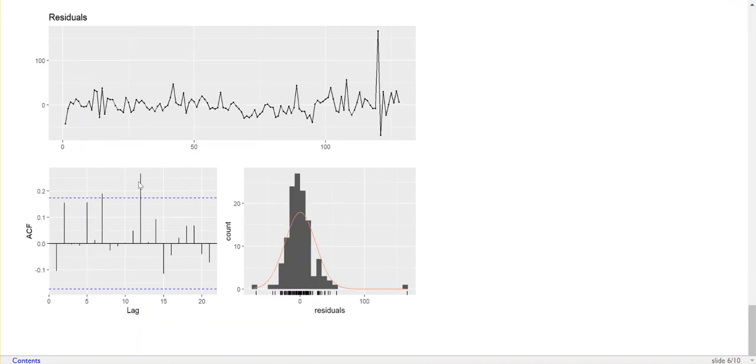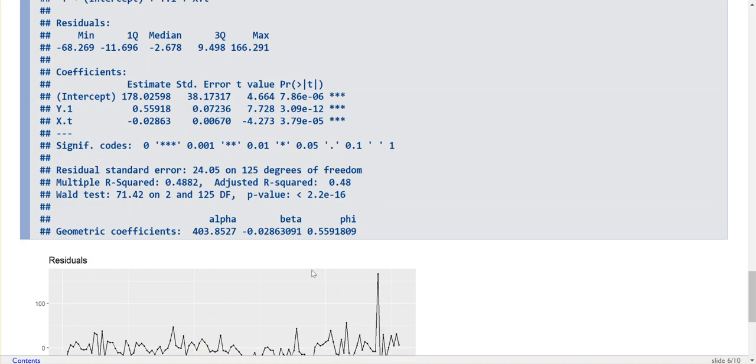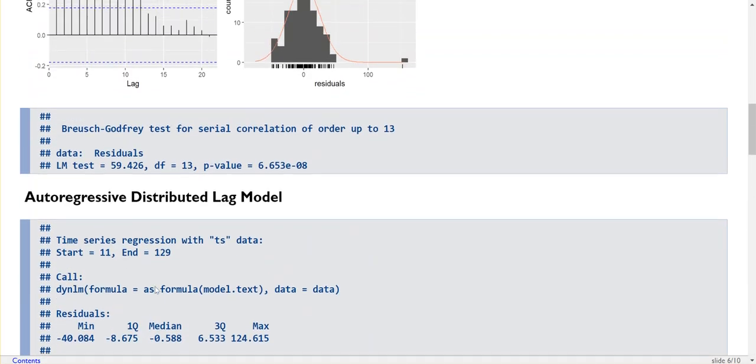However, in the ACF you still have a significant lag at the 12th lag, so it's still not taking out the seasonality. The distribution of residuals is again pretty similar to the previous two. So these are the three models we have explored, and out of the three, the autoregressive distributed lag model is better at the moment.